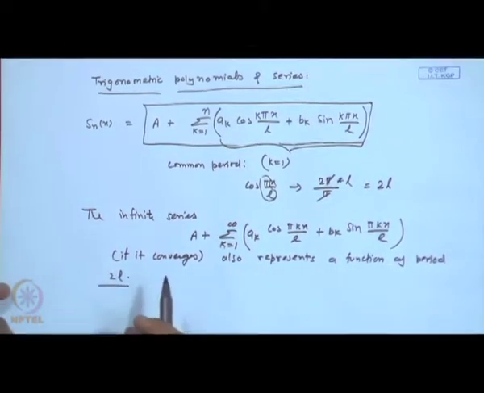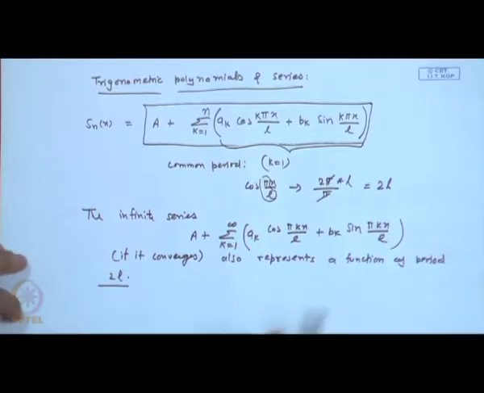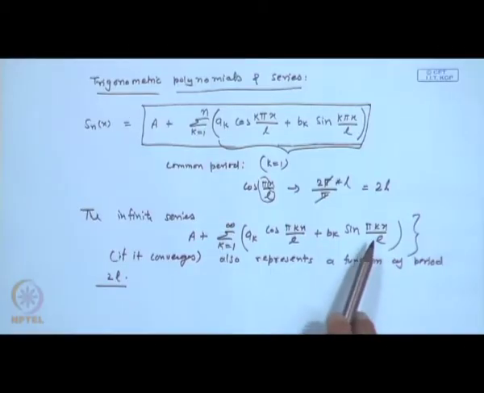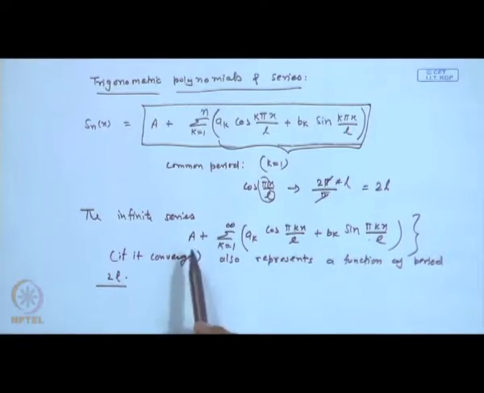Now, the question is, can any given function of period 2L be represented as a sum of trigonometric series? And the answer to this question is yes, because it is possible for a wide class of functions. So, we will be talking today about how to get such an infinite series for a given function.